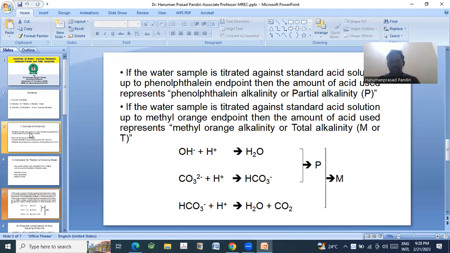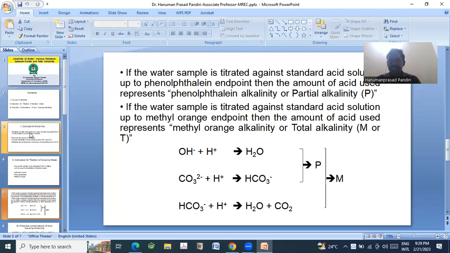That means carbonate is half titrated. So phenolphthalein alkalinity P can be formulated as P equal to OH minus concentration plus half CO3 2 minus concentration, because OH minus is completely titrated and CO3 2 minus is half titrated using phenolphthalein indicator.